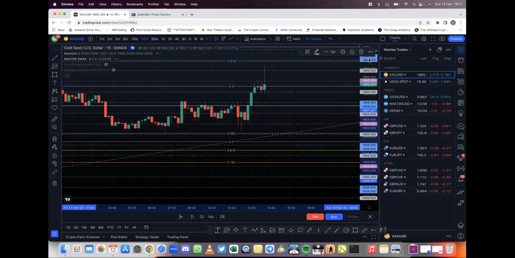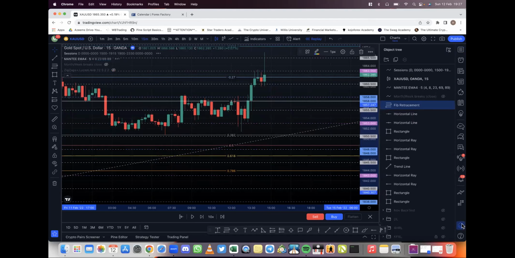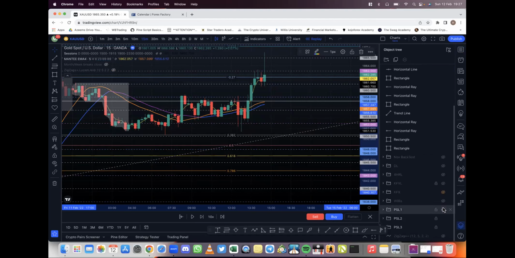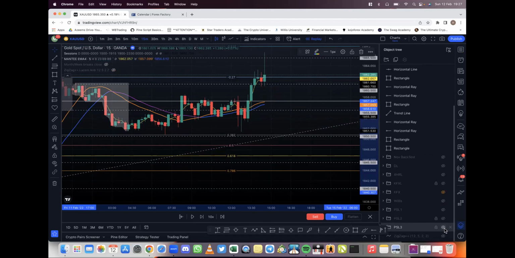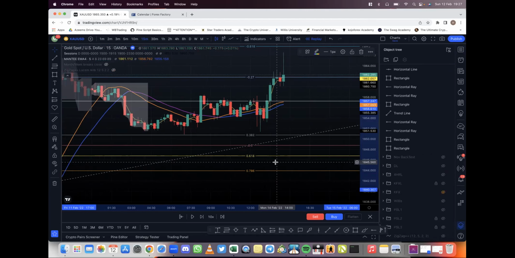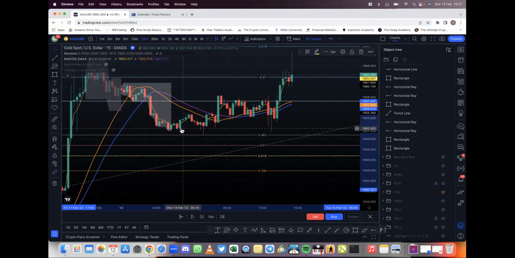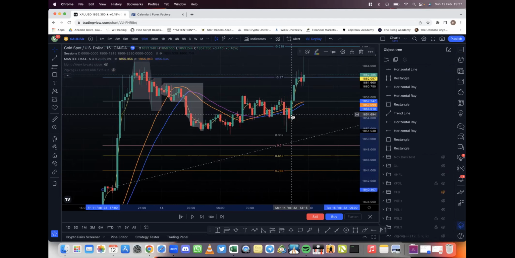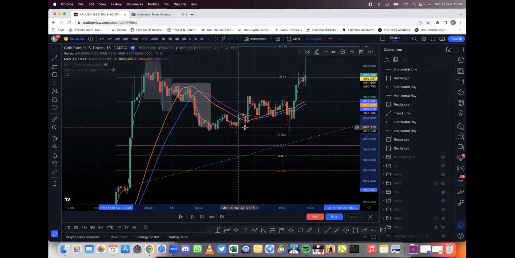Let me just hide my PSLs. So it comes to say in the 15 minutes, you can see that rejections in this area. Do you understand? Meaning that you can catch it somewhere, anywhere in the bottom, and then you aim to the tops.